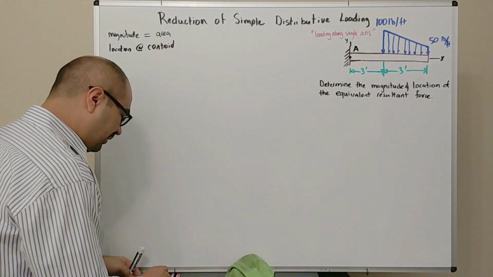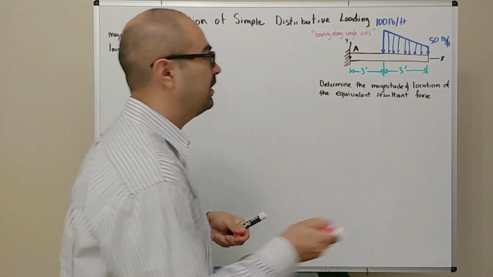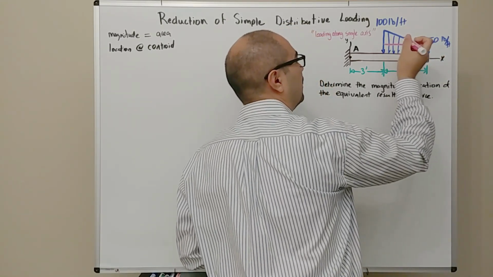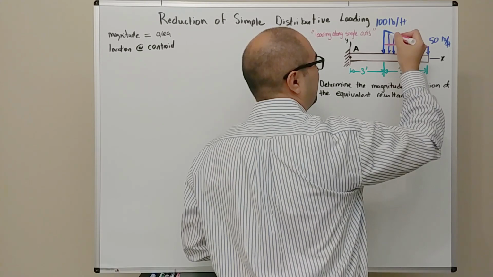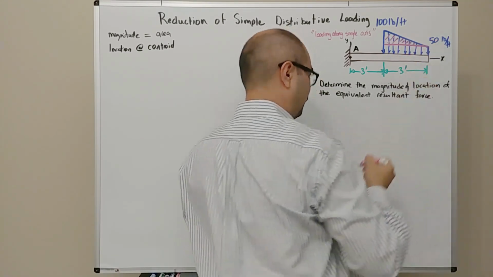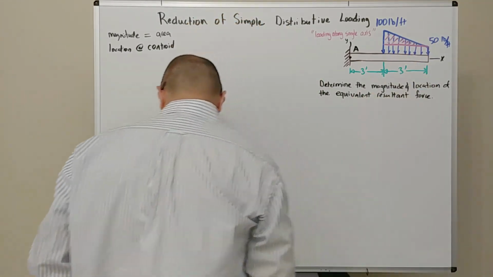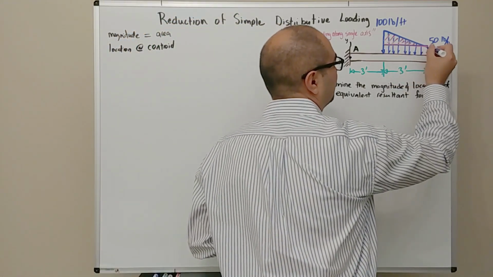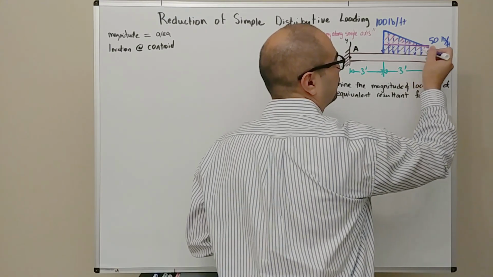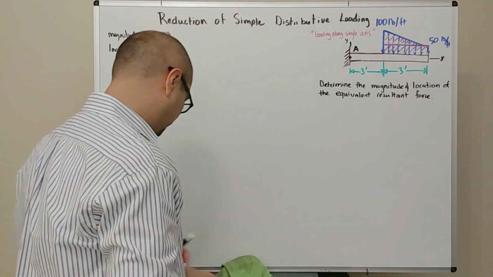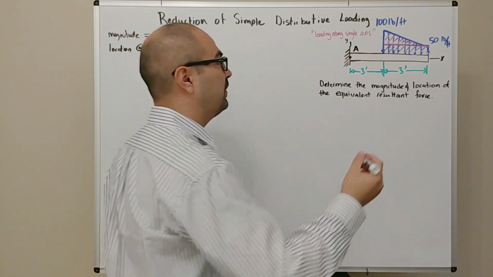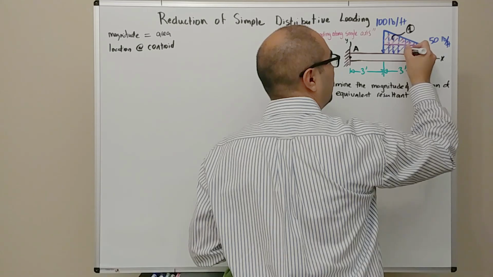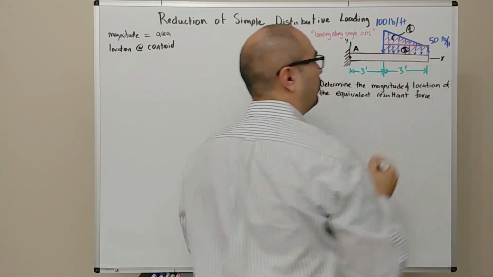But what I do know how to do is, if I put a straight line over here, calculate the area of a triangle and the area of this rectangle over here. So I'll go ahead and label the areas. This top one, I'll call number 1, and the rectangle, I'll call number 2.